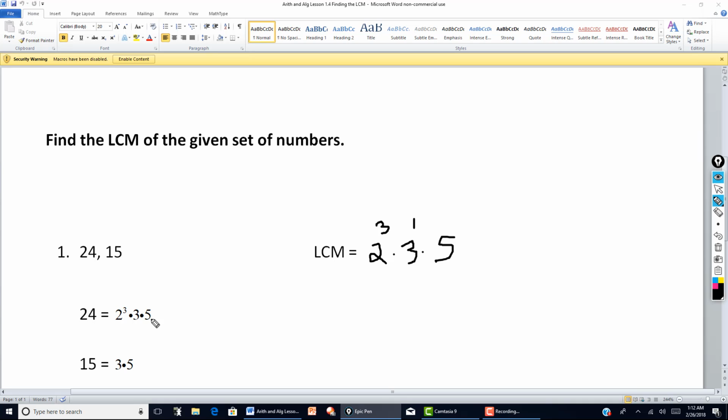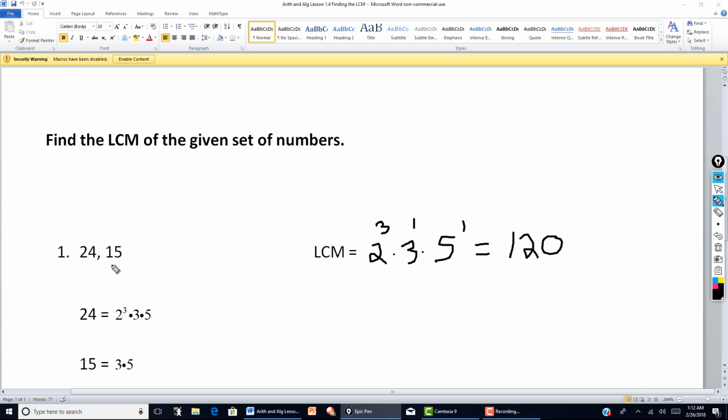For the 5, it's 5 to the 1, here 5 to the 1, so this is 5 to the 1, or you can just leave it as 5. And then you simply multiply these numbers out. So 2 to the third is 8, times 3 is 24, times 5 is 120. So we get 120. That's your lowest or least common multiple.